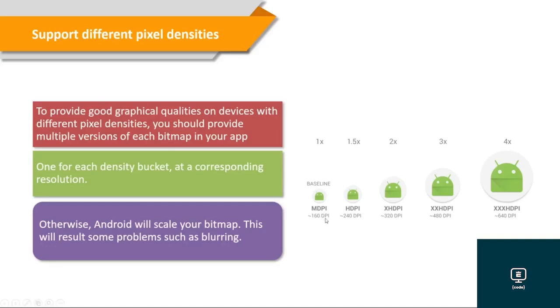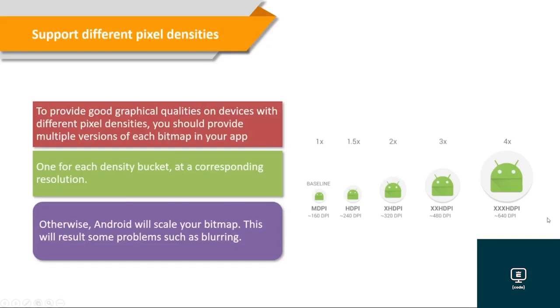These resolutions are MDPI, HDPI, XHDPI, XXHDPI, and XXXHDPI. If you use these 5 different resolutions in your application, the Android operating system will use the picture in whichever resolution that particular device needs.